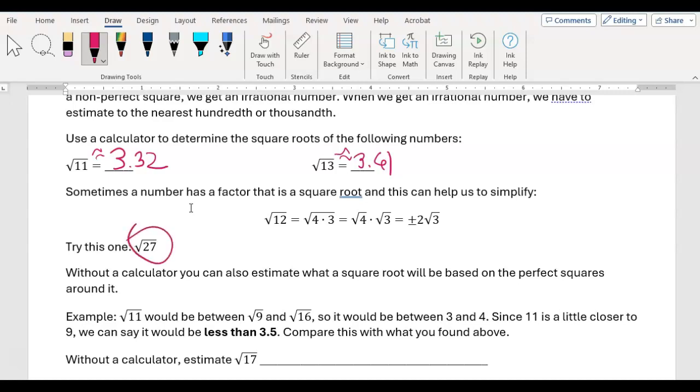So let's look at 27. 27 can be broken up into 9 times 3. And so we can also rewrite this as the square root of 9 times the square root of 3, which means this can be plus or minus 3 times the square root of 3.